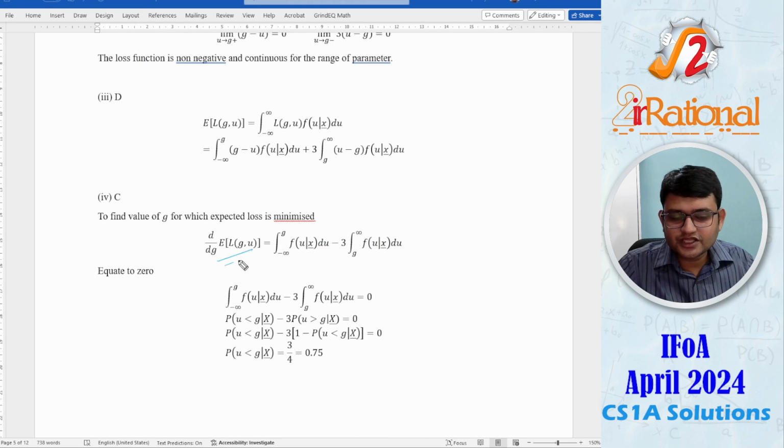So differentiating the expected loss with respect to G, here you can see you get just 1, and here you will get minus 1. Equate them to 0. Rearrange, this is just probability less than G, this is probability greater than G. So probability U less than G for this given sample of X, you will get is 3 by 4, that is 0.75. That is option C.